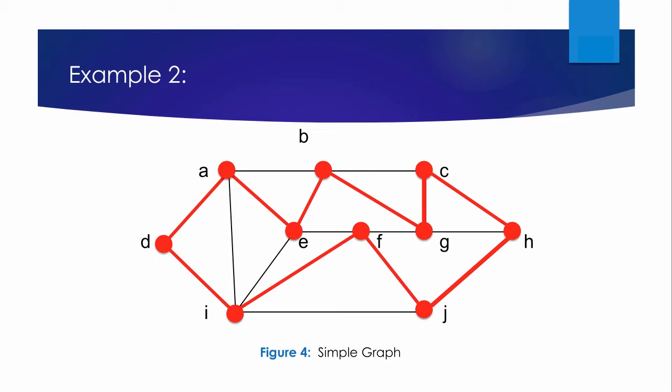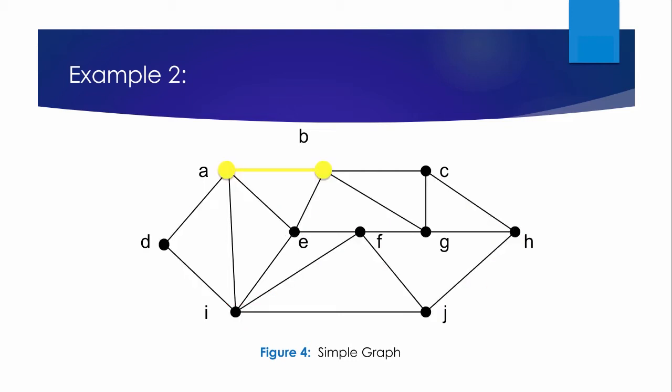Can we find another Hamilton circuit in the same graph? Yes, we can. So first we go from A to B, and now note that while vertices A and B were in the previous Hamilton circuit, the edge AB was not. So the vertices were involved, but the edge between them was not involved in the previous circuit.